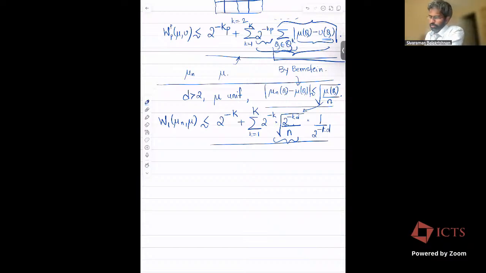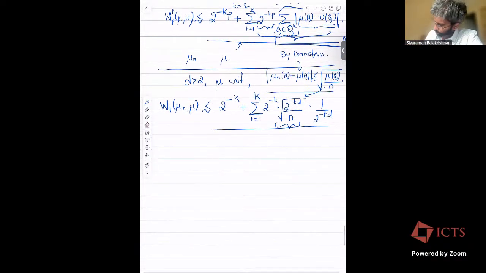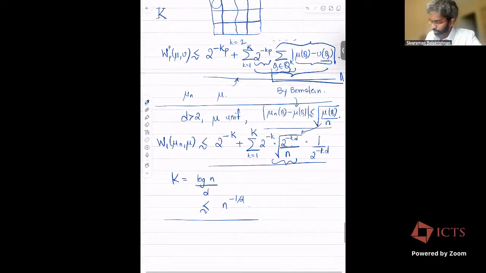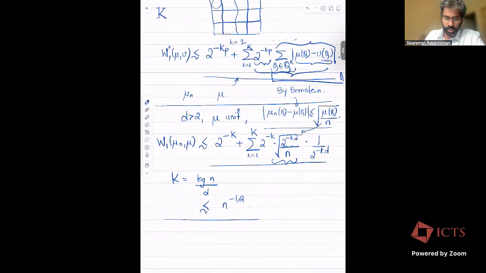And if you do this calculation, you will pick capital K to be something like log n over d. And then this upper bound will scale exactly like n to the minus 1 over d. So this is just saying the way that one bounds this is perhaps much more natural.